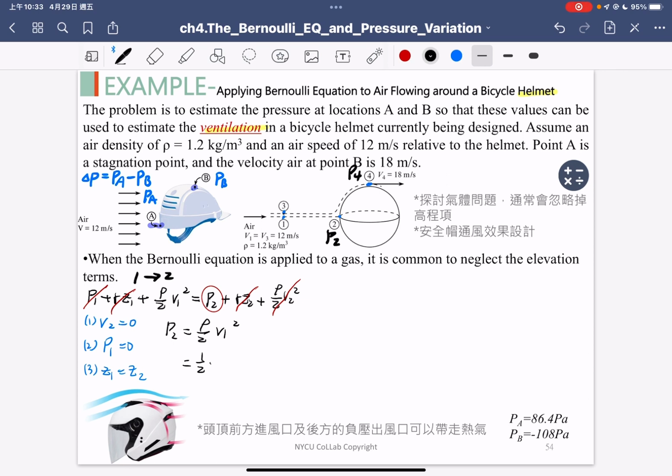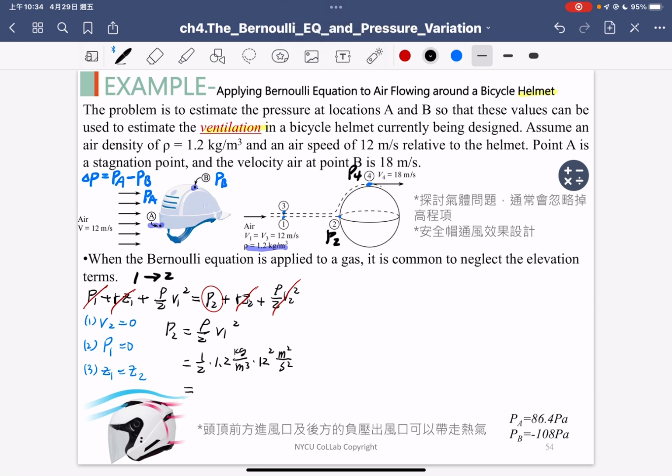The air density we know is around 1.2 kilograms per cubic meter. And we know that the V1 velocity is 12, so we have 12 squared, and the unit is meter squared per second squared, right? And you can compute the final pressure we have at location 2.